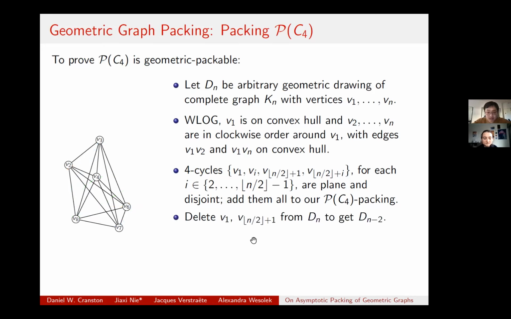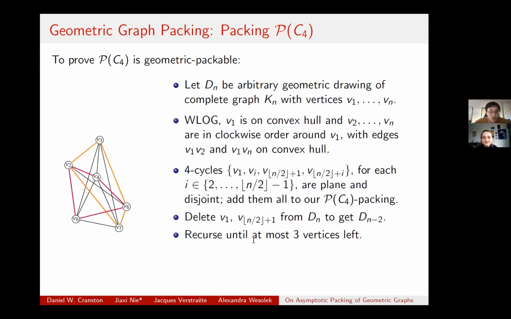Then we add all of these C4s into our C4 packing, and delete V1 and V5 from Dn to get Dn minus 2. Then we do this recursively until there are at most 3 vertices left.